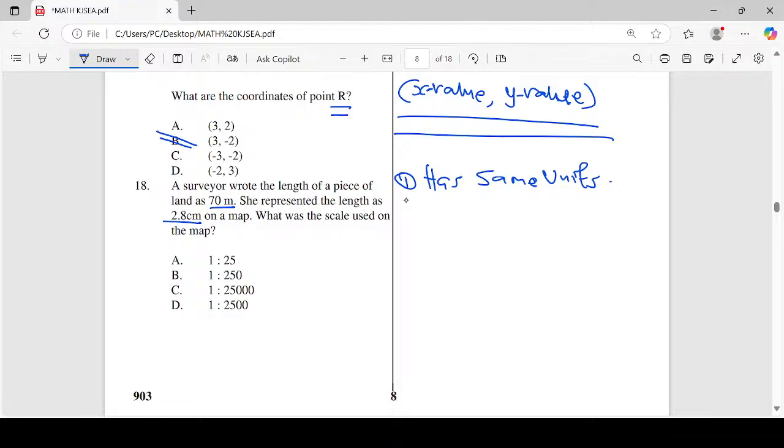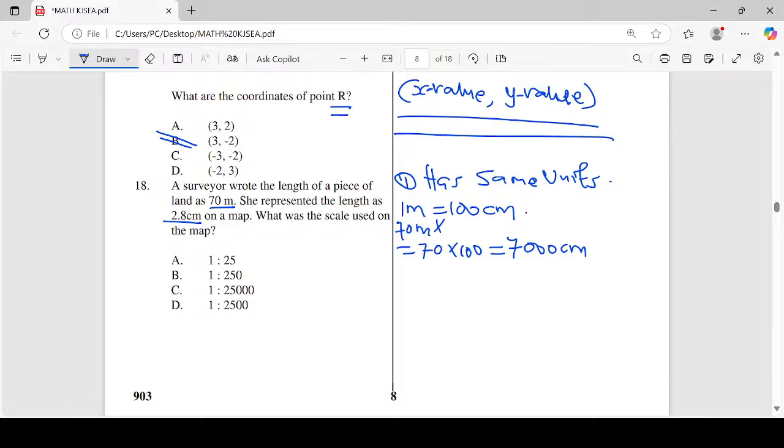You know that 1 meter is equivalent to 100 centimeters. What about the 70 meters? Then you cross multiply. This is going to be 70 times 100. This gives you 7,000 centimeters.